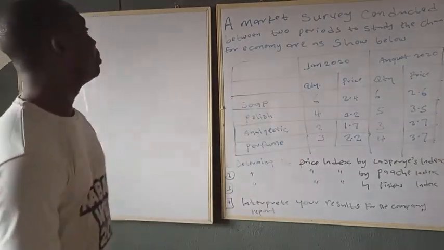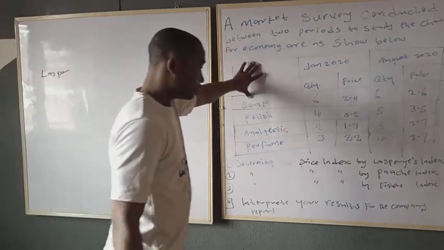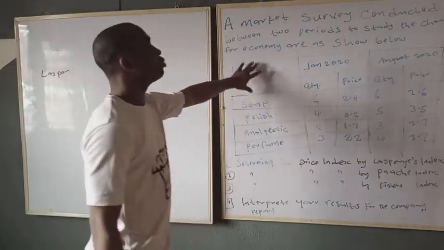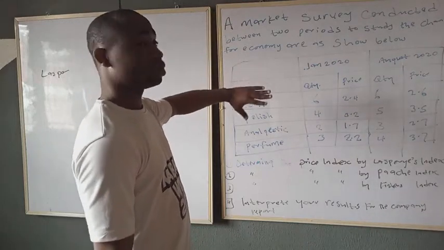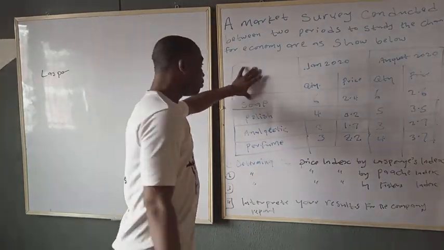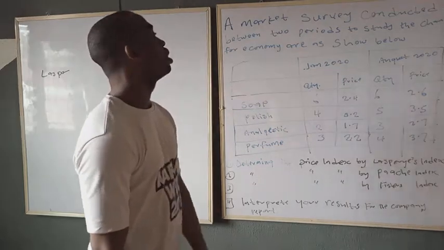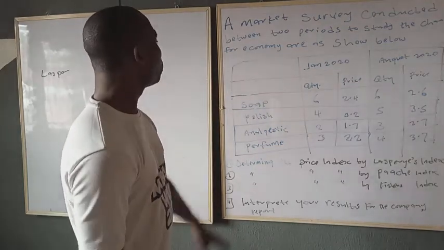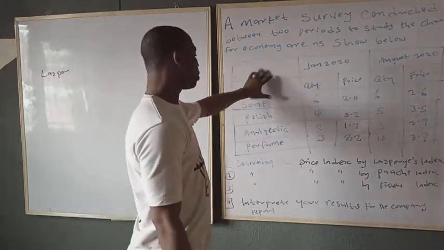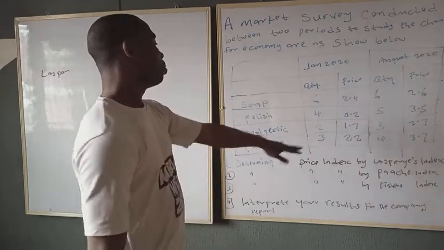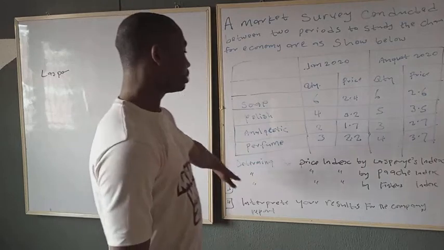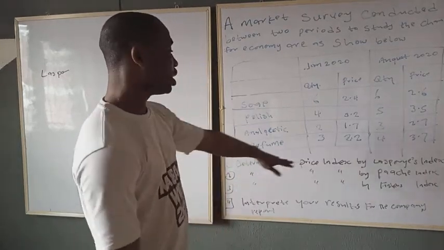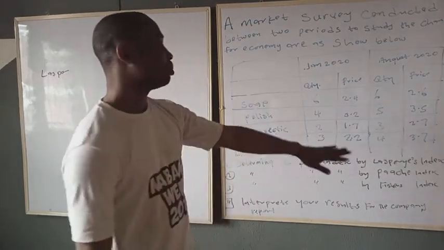So we'll be solving this question. I picked this one because it is one of the most popular and most featured questions on price index. On this one we are going to be calculating the price index using Laspeyres price index, Paasche price index, and Fisher's price index.